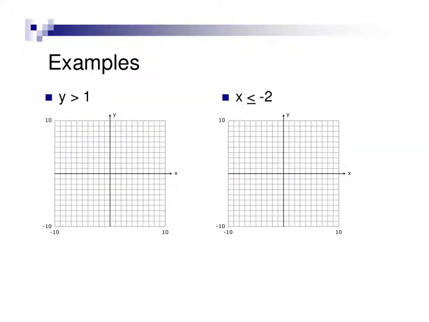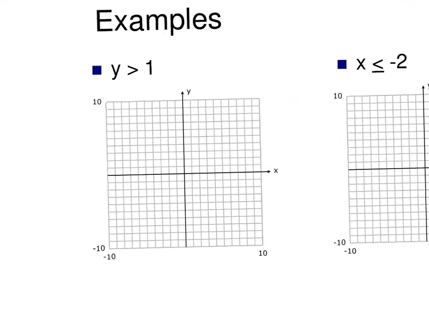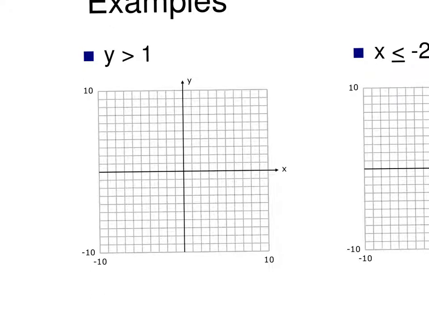All right, now, I do want to talk about these examples very quickly as to not waste too much time, but they do come up every so often. If you imagine y is greater than 1, well, the line y equals 1 is a horizontal line at 1.